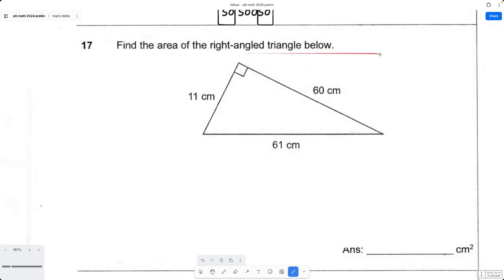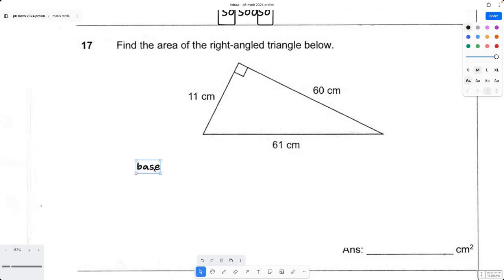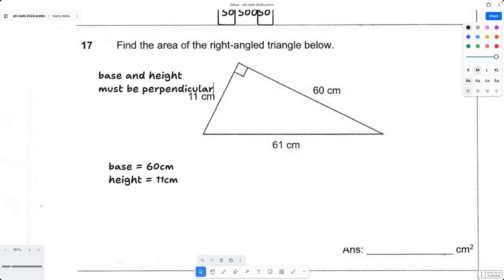Find the area of the right angle triangle below. Okay, so what's the base? What do you think? The base is 60 centimeters, and then the height is 11 centimeters. In this case, base and height must be perpendicular to each other.